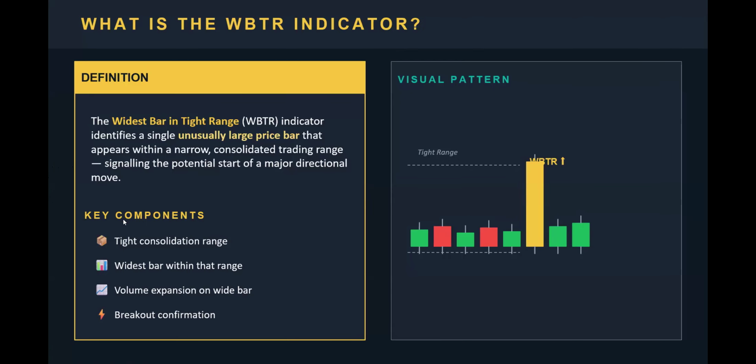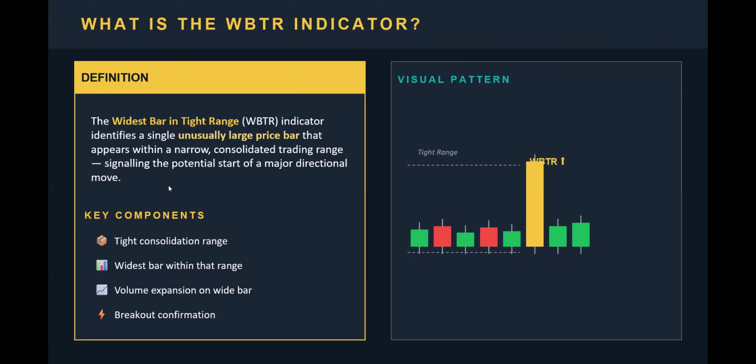So you should know what the Widest Bar in Tight Range is. It is very, very helpful. It identifies a single unusually large price bar that appears within a narrow consolidated trading range, signaling the potential start of a major directional move.